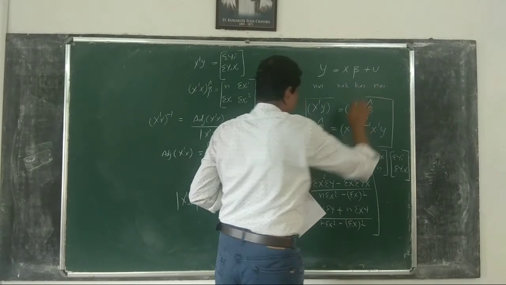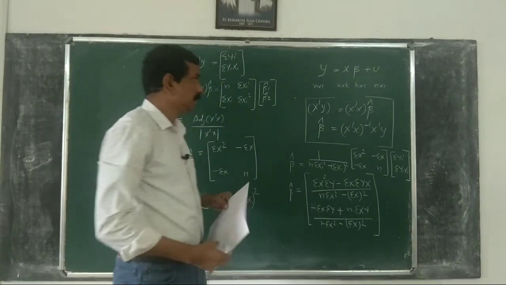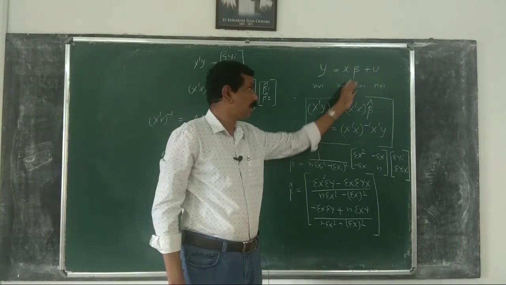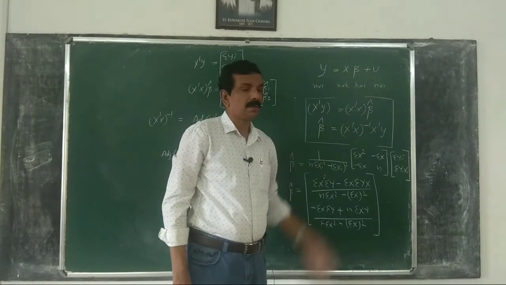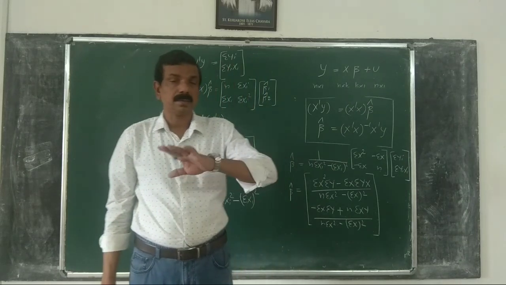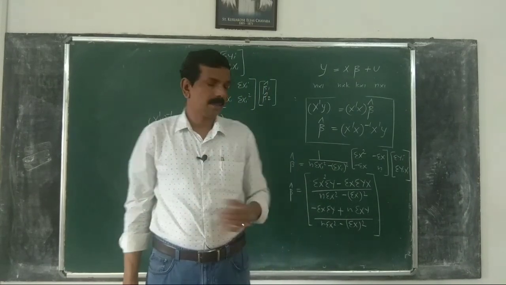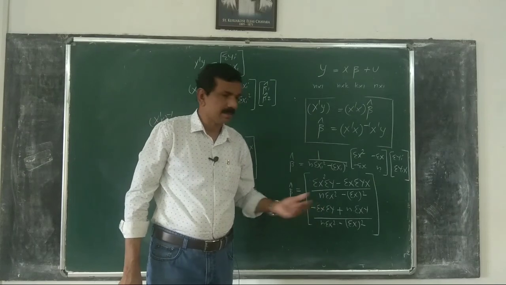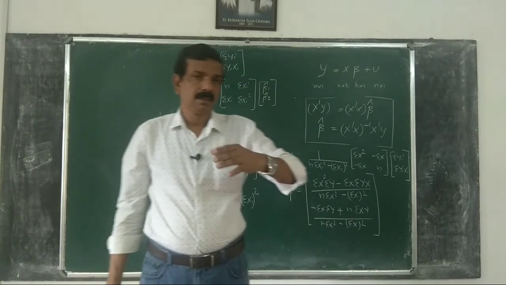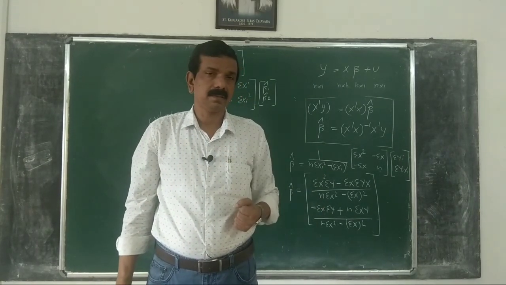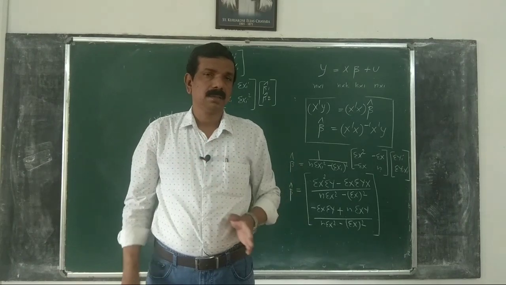Always keep in mind the order of Y, X, beta, and the error vector, which is n by 1. Then there will not be any confusion. And also, a little practice will give you more confidence in the matrix approach.